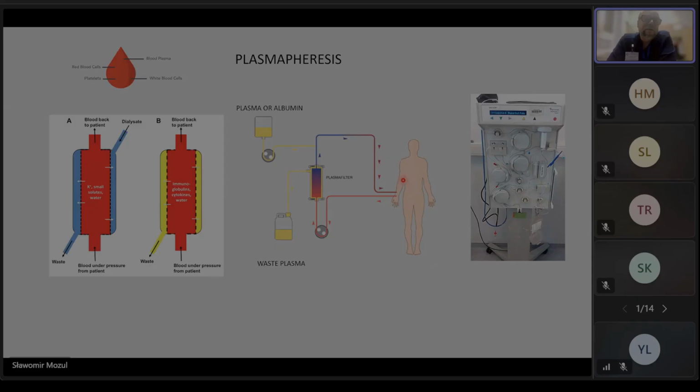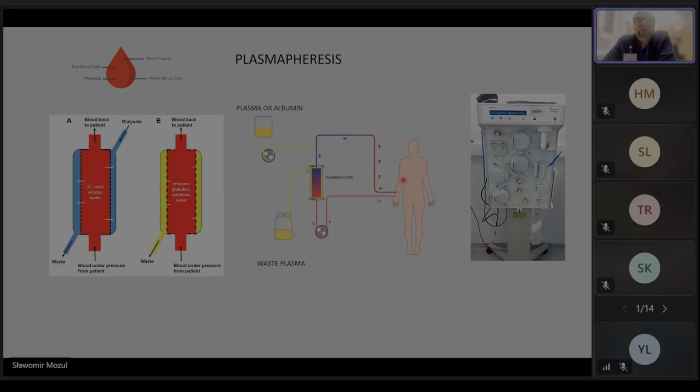The main indication for plasmapheresis is substances in the patient's blood responsible for the etiology of the disease, for example, harmful antibodies or immunological complexes. The treatment is not selective.